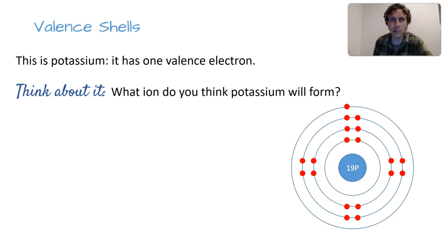Why does it form a +1? Well, what happens with atoms is they will become more stable if they have a full valence shell. So potassium has 1 electron on its valence shell. So if it's going to become more stable, it can either fill up this valence shell with electrons, or it could lose this one.